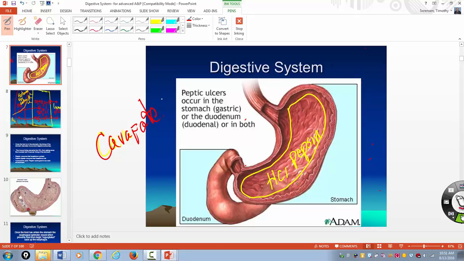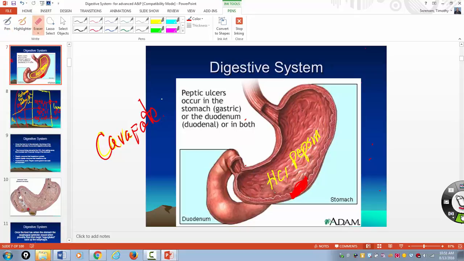It will actually coat the damaged, eroded area of your lining of your stomach. So that's one drug that actually kind of coats the problem. Doesn't get rid of it, just prevents further damage. So that's gastroesophageal reflux disease.